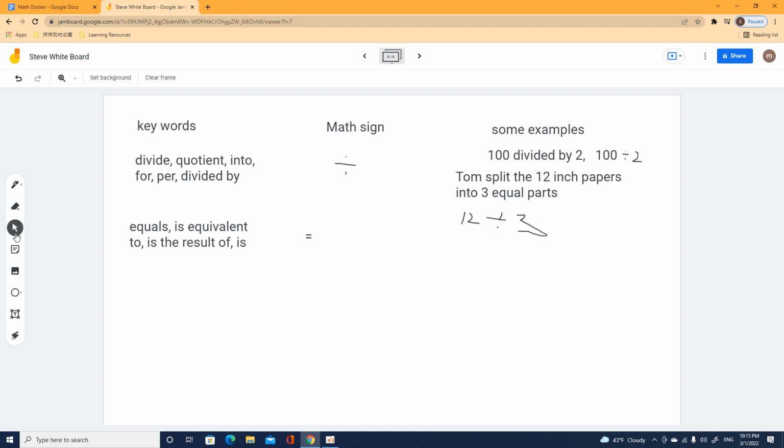For example, twice a number minus 4 is 50.